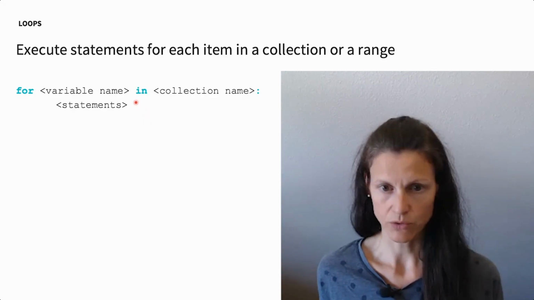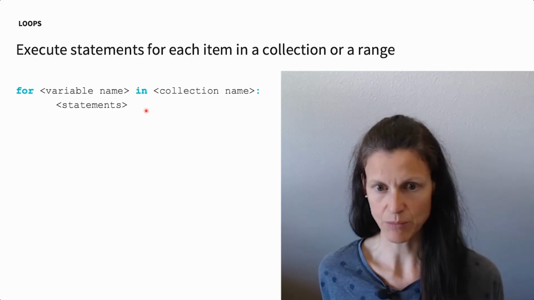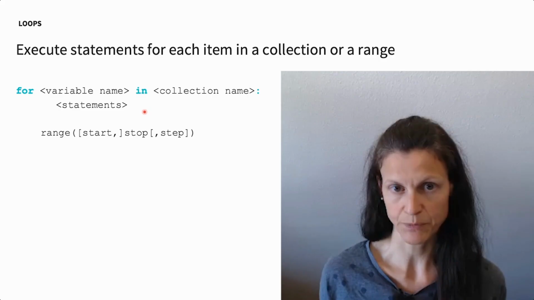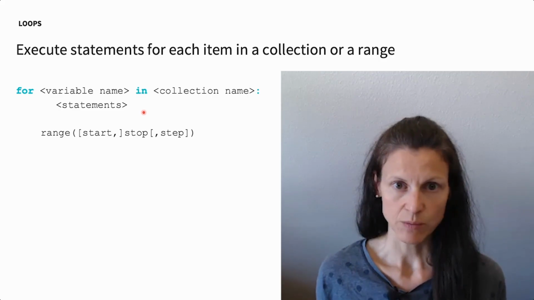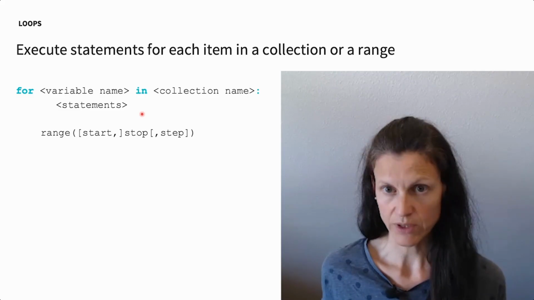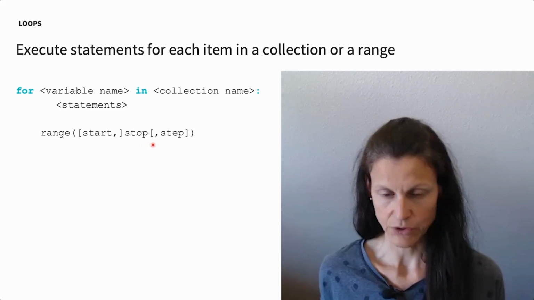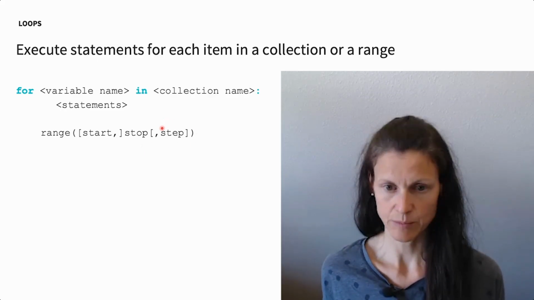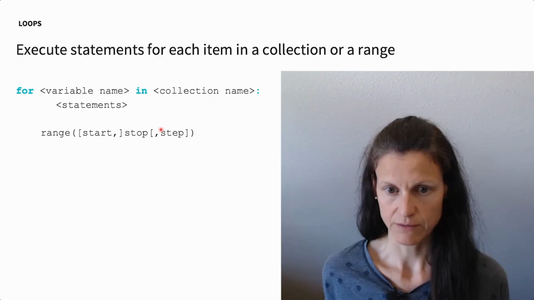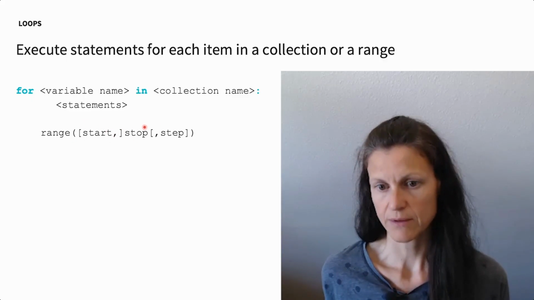Besides looping directly over a collection, you can also loop over other iterables, for example, over a so-called range of numbers. So in Python, the range function accepts 3 arguments. You see the general syntax here. You can generate a range of numbers by specifying the starting number, the stop number, and the step size.